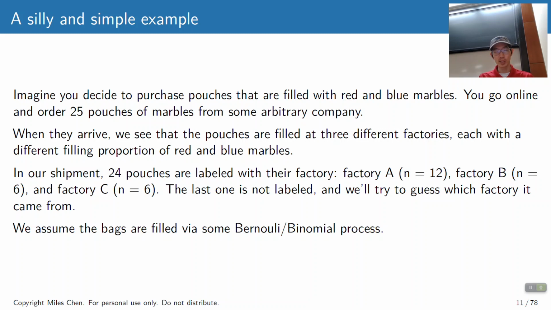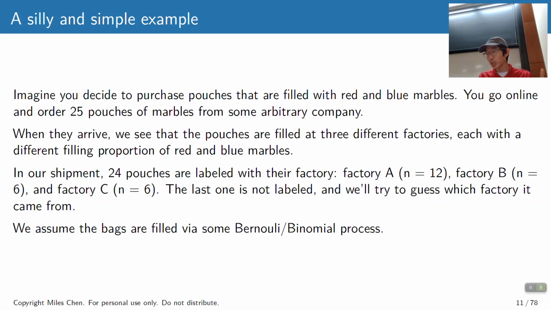Say we order 25 pouches of marbles, and by looking at the serial numbers or whatever, you can tell the pouches are coming from 3 different factories. And maybe these factories are operating a little bit differently.